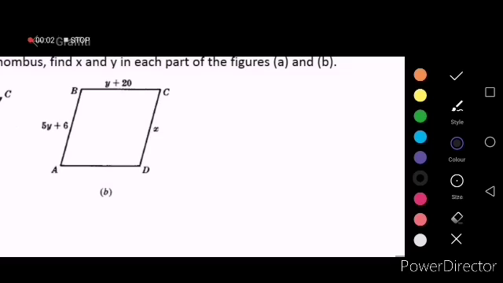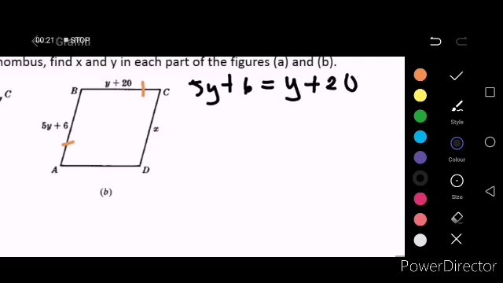Here in figure B, we are sure that what? 5y plus 6 is also equal to what? Y plus 20. Okay? Ngayon, since alam kong tama yon, pwede kong sabihin ngayon na 5y plus 6 is equal to y plus 20. And because of that, I'll be able to get the missing value, which is y.